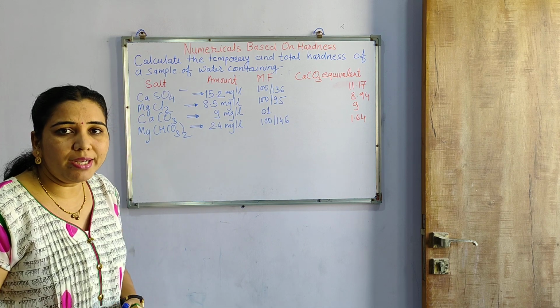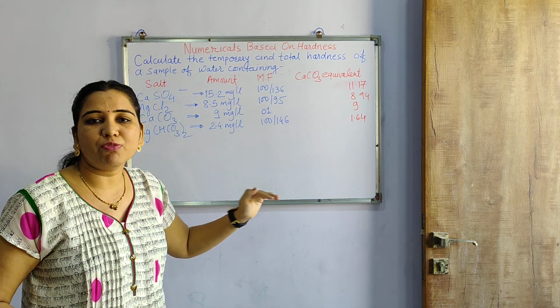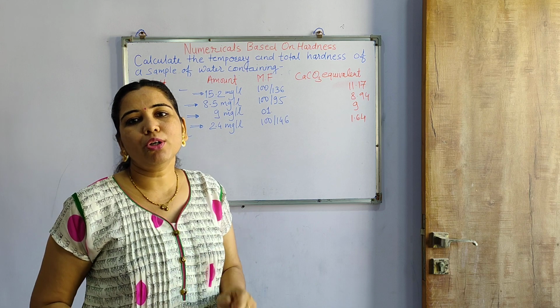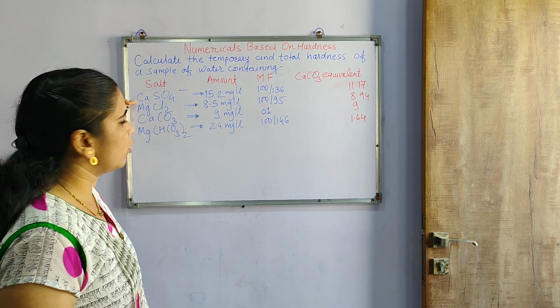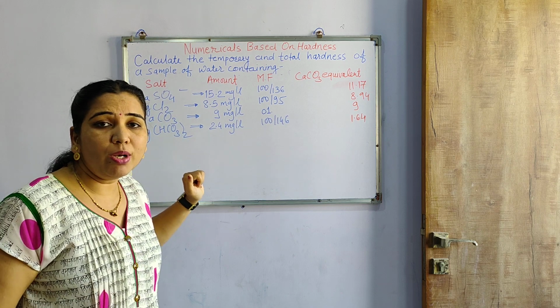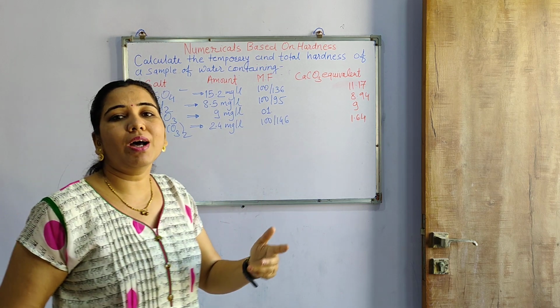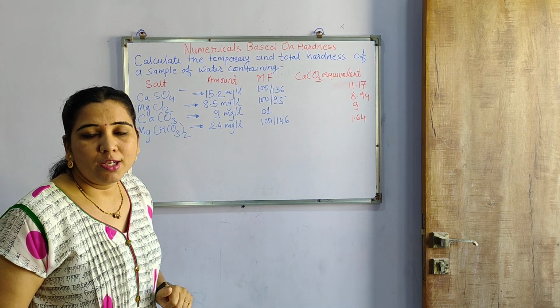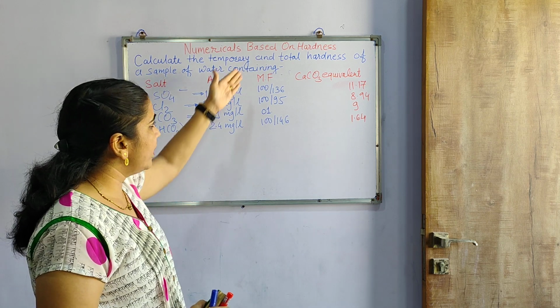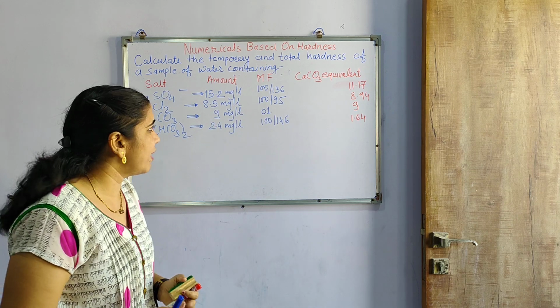So how can we calculate? The multiplication factor has the formula 100 upon 2 into the equivalent weight of that salt. If we have to calculate the multiplication factor of CaSO4, we can calculate it by the formula 100 upon 2 into the equivalent weight of CaSO4. So by that we have calculated the multiplication factors here.